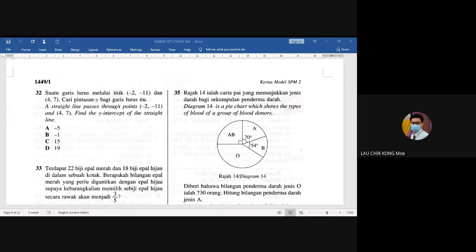So today is 27 of August 2021, Friday. I think that this is our last Google Meet before the first try exam.